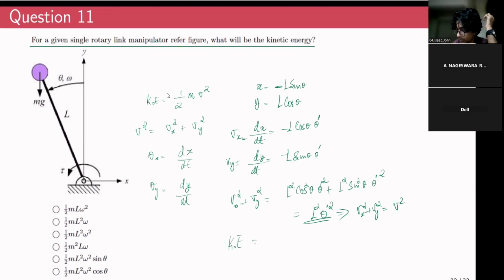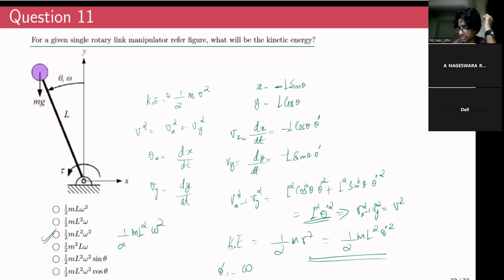So kinetic energy would be half m v square, that is half m L square theta dot square. Here, instead of theta dot, the question has given you omega. So the correct answer in this context would be half m L square omega square. The answer is option C.